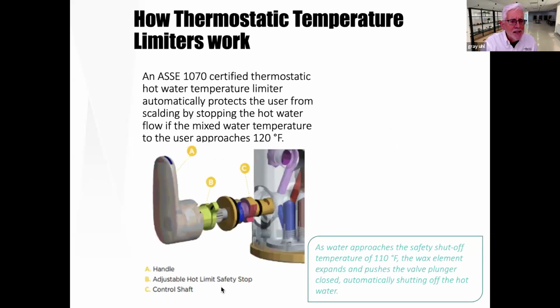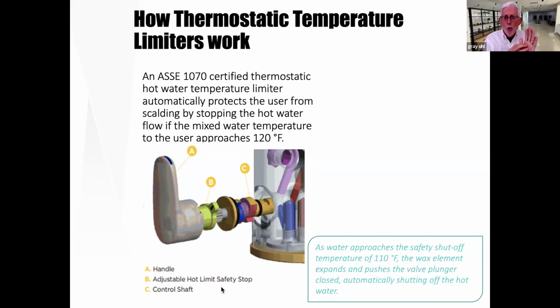So what are the advantages of it? A 1070 certified thermostatic hot water temperature limiter automatically protects the user from scalding, of course, from hot water. The mixed water flows into a temperature sensitive chamber, and it flows across the thermostat.